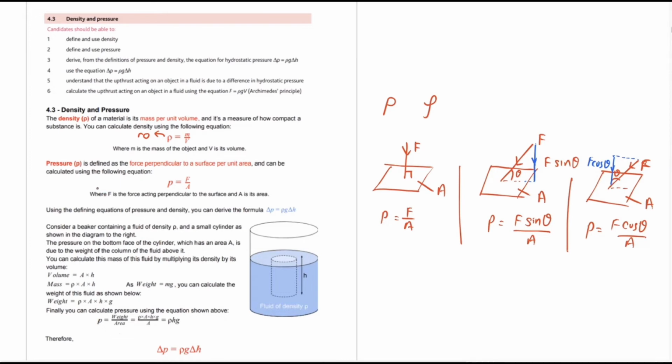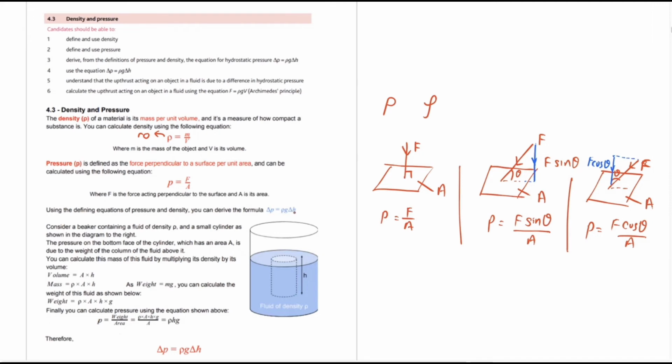Okay, so now using the defining equations of pressure and density, you can derive the formula: change in pressure equals change in height times rho, the density, multiplied by g.